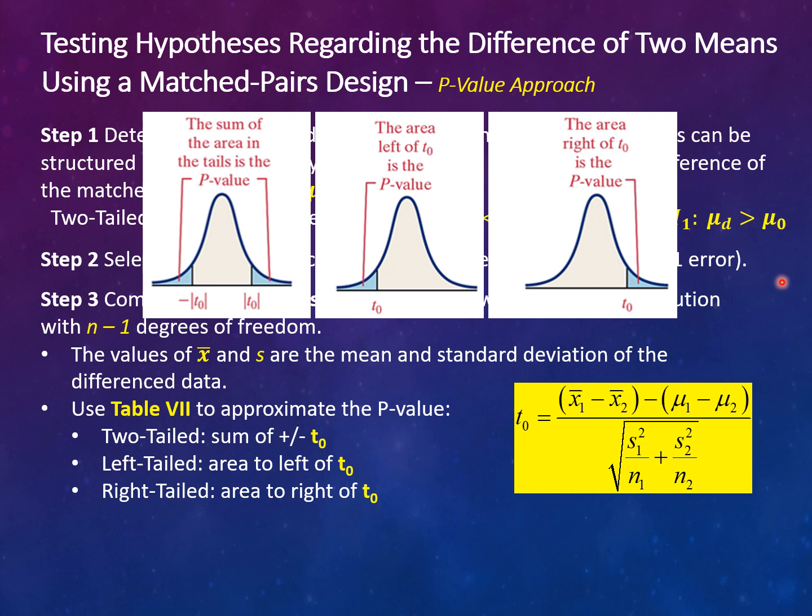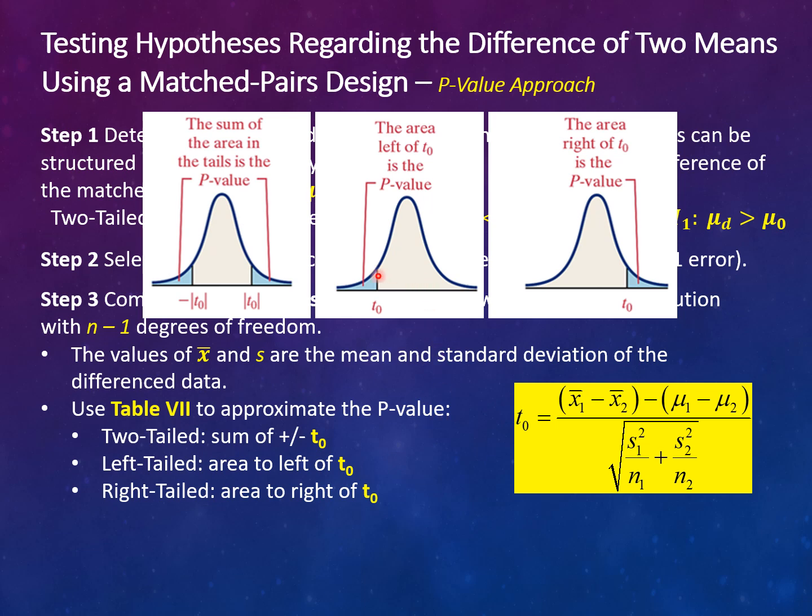And this is when we use the values across the top, which we tend to think of as alpha values. But now we're using the test statistic and the degrees of freedom to figure out which column heading to use, and that represents the p-value, which is the area in the shaded region.